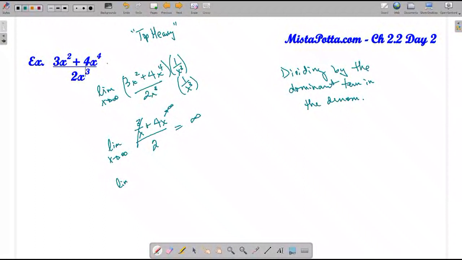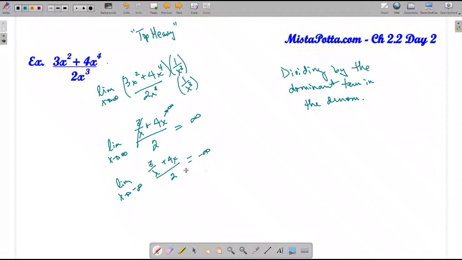And in that same token, if x approaches negative infinity, this same ratio ends up going to negative infinity. It ends up decreasing without bound.